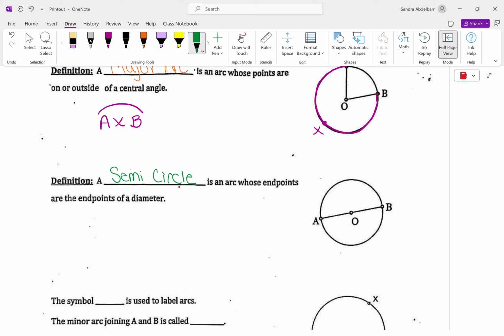Who remembers back from, I don't know, elementary school, what does a diameter do to a circle? Robert? It cuts it in half, right? A diameter splits a circle in half. So if you take the path from one endpoint of the diameter to the other endpoint of the diameter, that is called a semicircle.